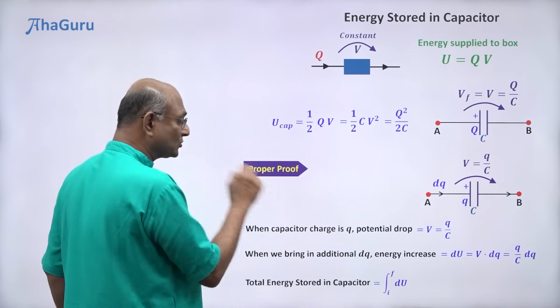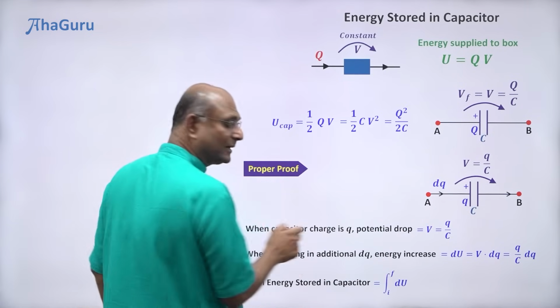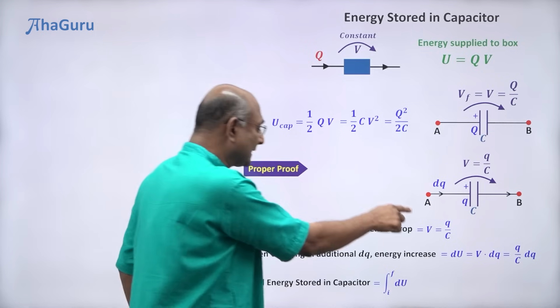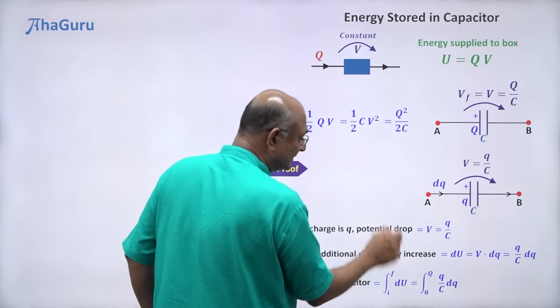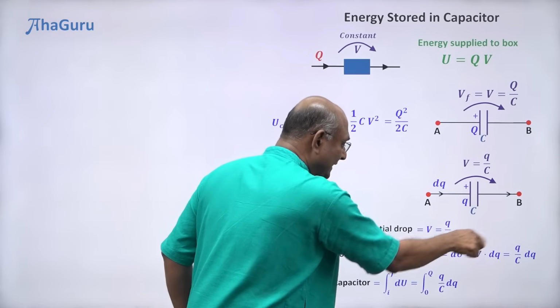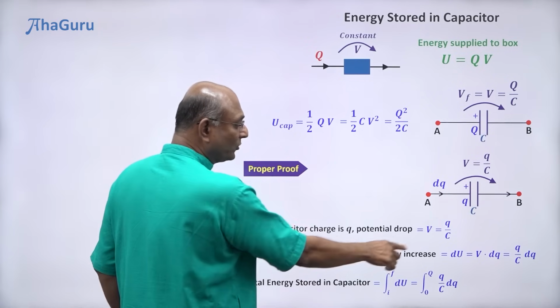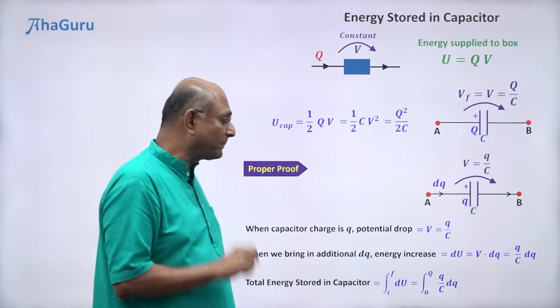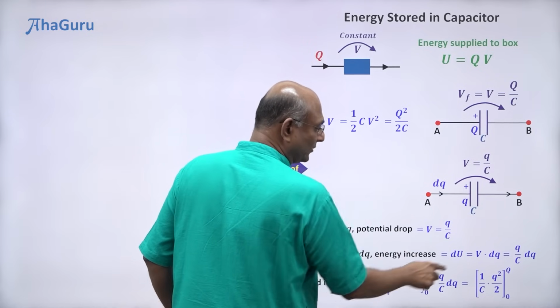So the total energy stored in the capacitor is the integral of dU from the initial to the final time, which basically means you are integrating from 0, the charge being 0, to the charge being the final charge Q, q by C dq. 1 by C is of course a constant, you can pull it out. The integral of q dq will give us q square by 2. So 1 by C times q square by 2 from 0 to capital Q.